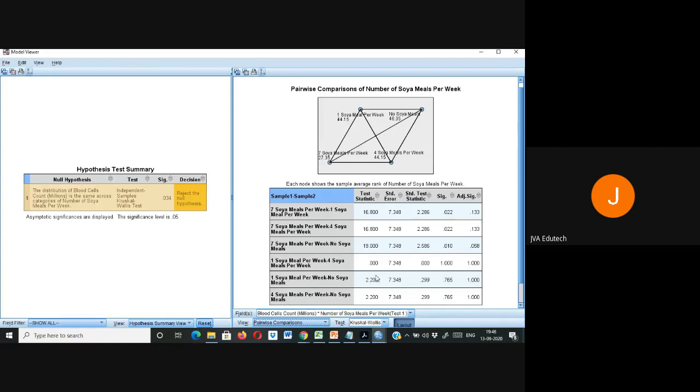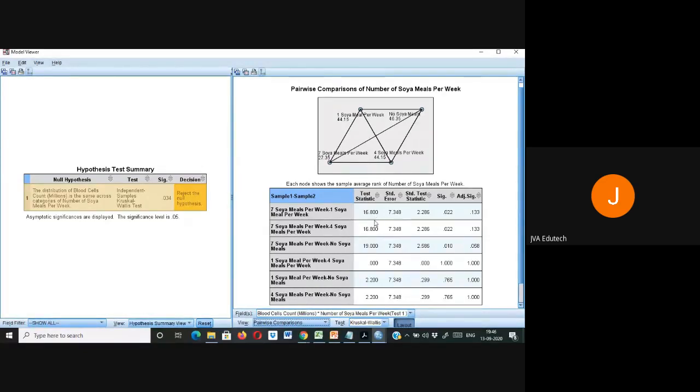So in each case, if you see the statistic, it is the difference between the mean ranks of those groups. That is where the mean rank of each group comes in. For the first group, it comes out to be 16.80.